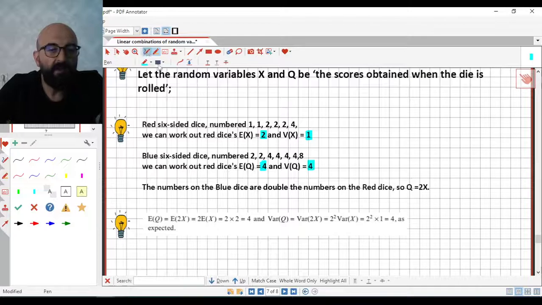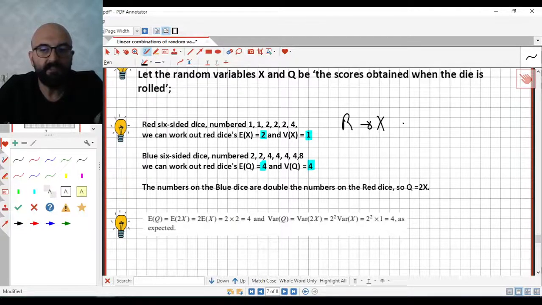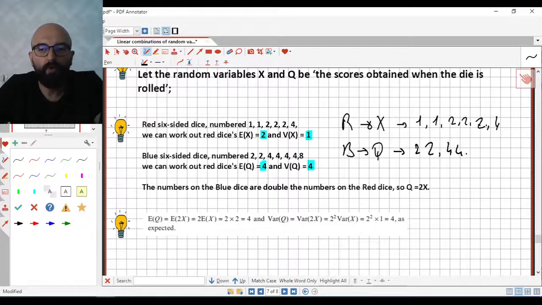And I want you to notice that the red die numbered, or x values, 1, 1, 2, 2, 2, 4, and then the blue die q, 2, 2, 4, 4, 4, 8.